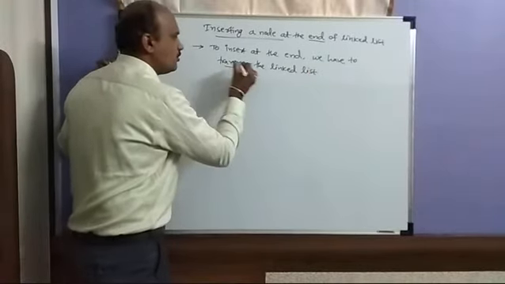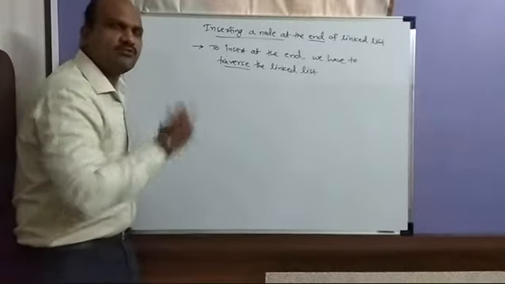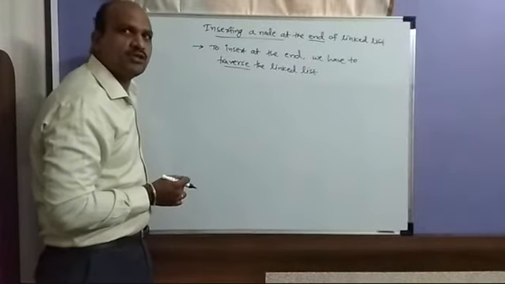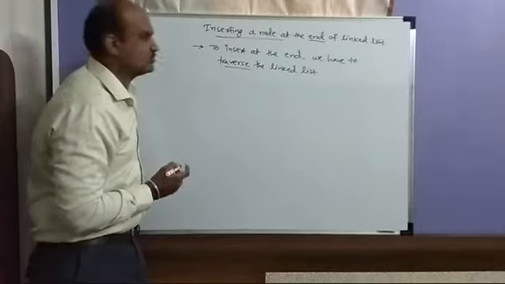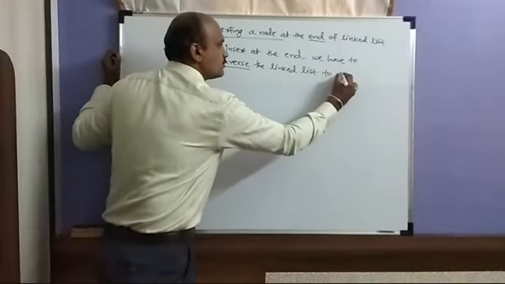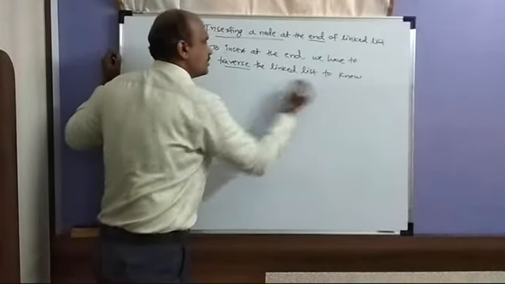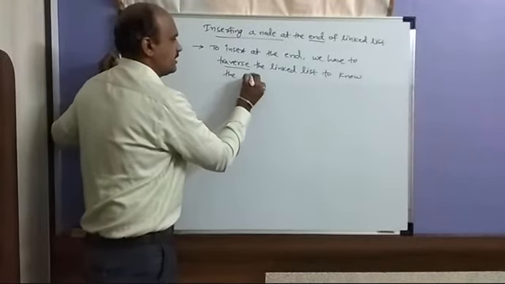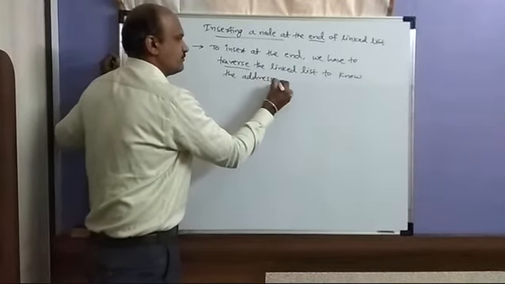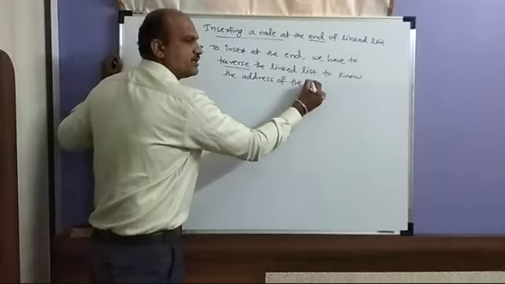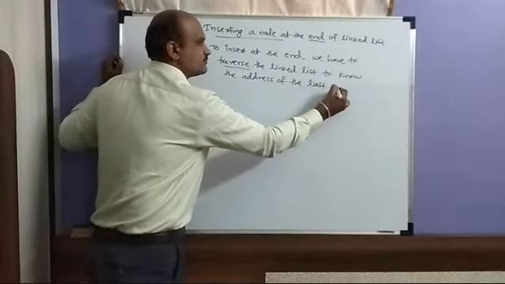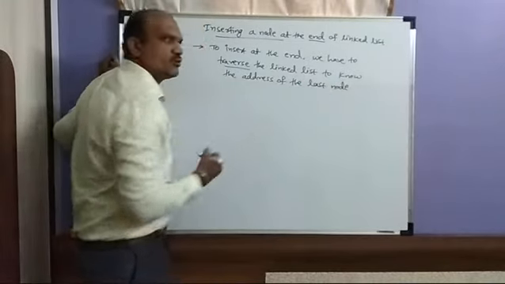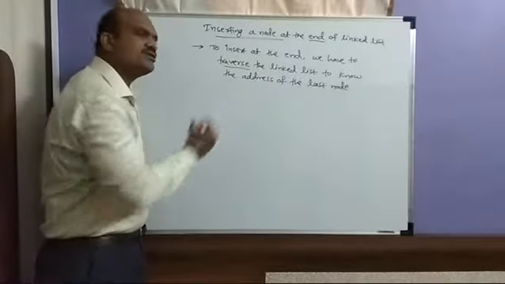Why? Because we should know where the node is ending, to know the address of the last node. That's why you have to traverse. Then only we can insert.